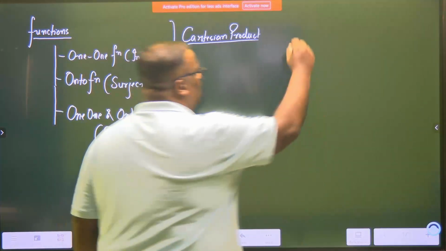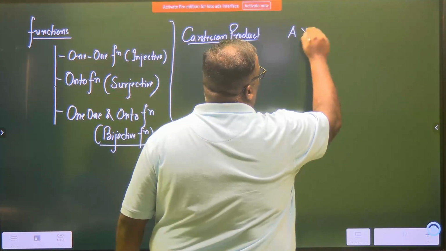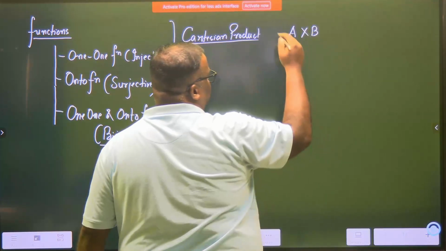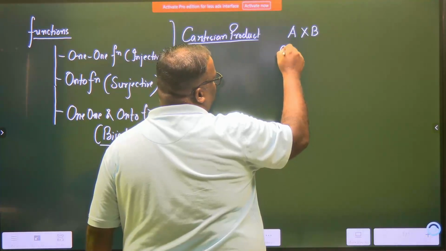So Cartesian product is about two sets, A cross B, right? A is a set which has all elements which we represent with small a.